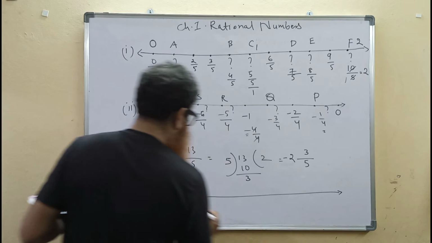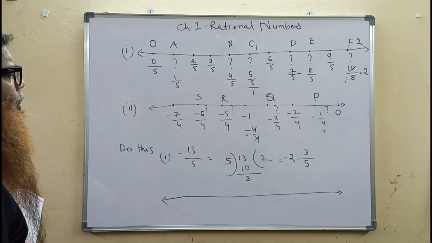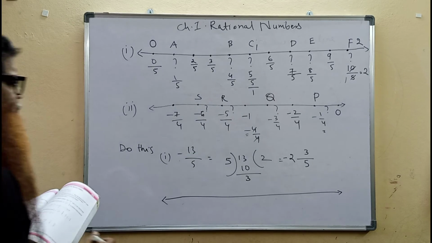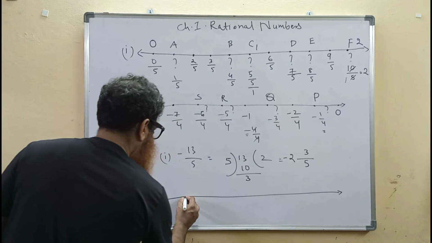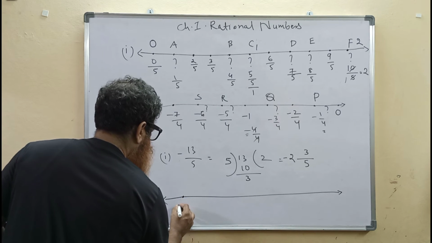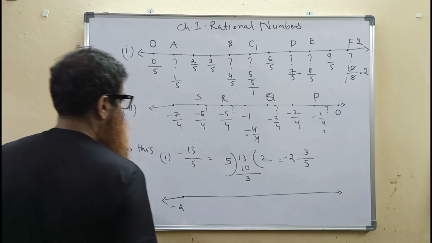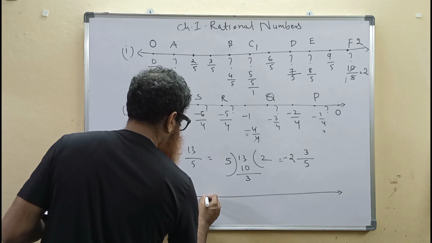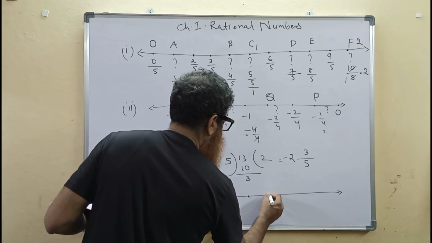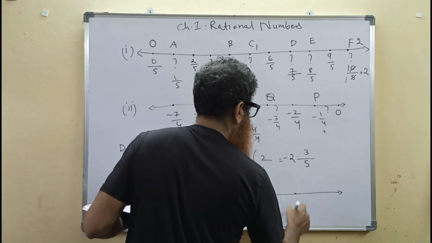You can understand this number should be between minus 2 and minus 1. We begin from minus 2 here. It should be the next point, 5 equidistant points on the number line being denominator 5. 1, 2, 3, 4, 5.